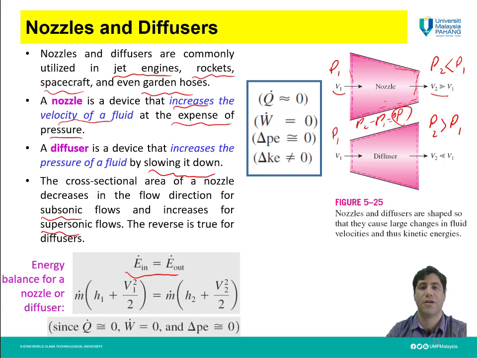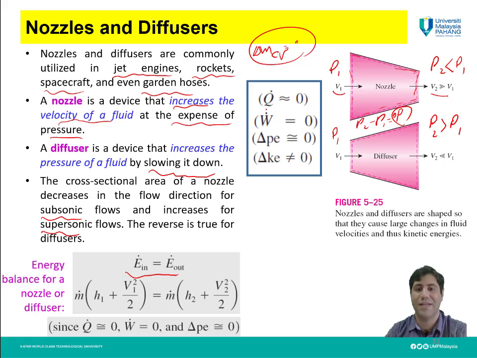As you can see here, generally in nozzle and diffuser, the flow is a steady flow as we discussed earlier. Then we don't have any change in the mass of the control volume, so the change in mass of the control volume is zero. Then it will be very easy to deal with these problems and find the energy balance equation for these devices.